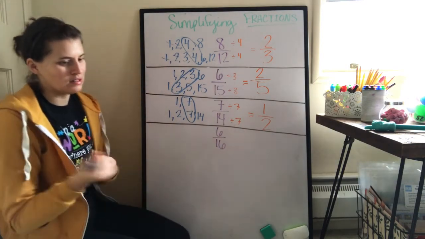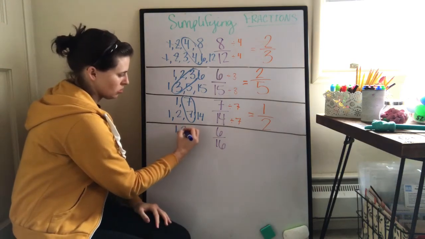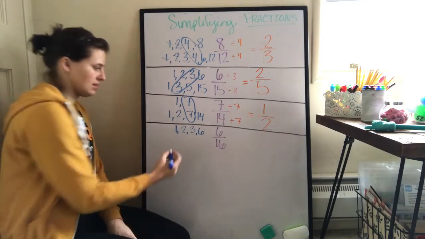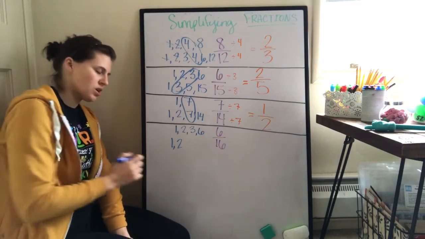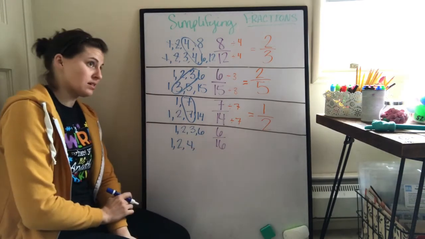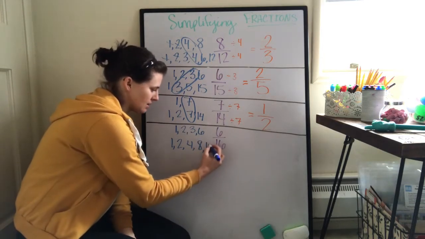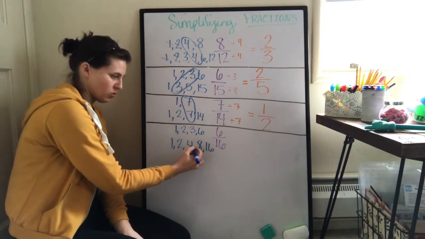Factors of 6: 1, 2, 3, 6. Factors of 16: 1, 2, 4, because 4 times 4, and 8, and 16. 1 times 16, 2 times 8, or 4 times 4.